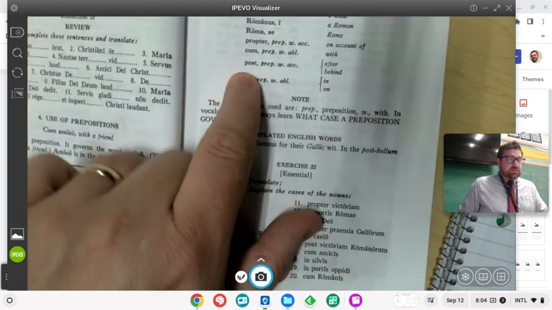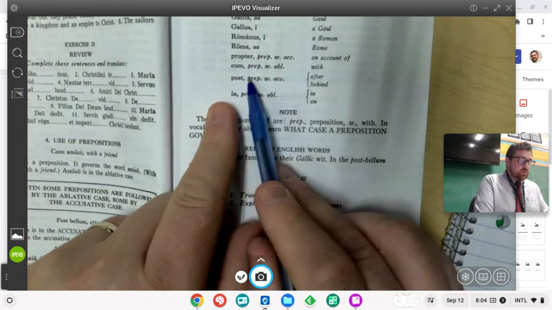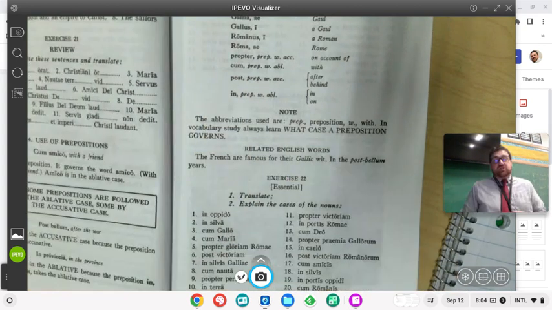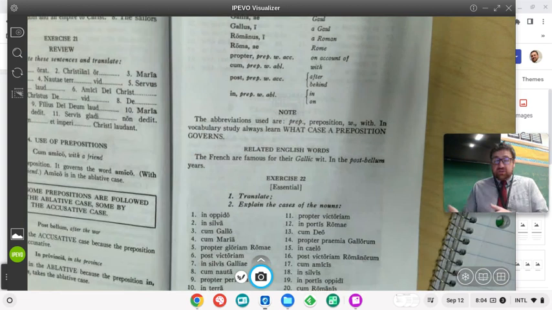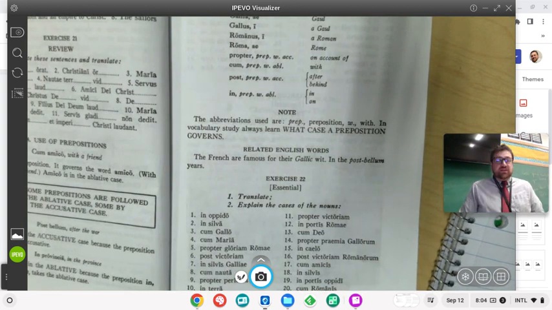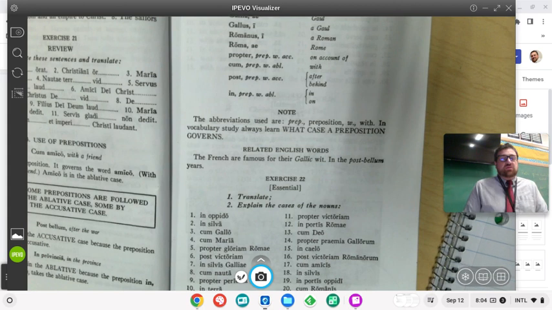The next one is post. And post is a preposition with the accusative. So post means after, if we're talking about time-wise, but it also means behind, if we're talking about visual, spatial-wise. So it can mean either of those two things, so know that when we translate sentences.